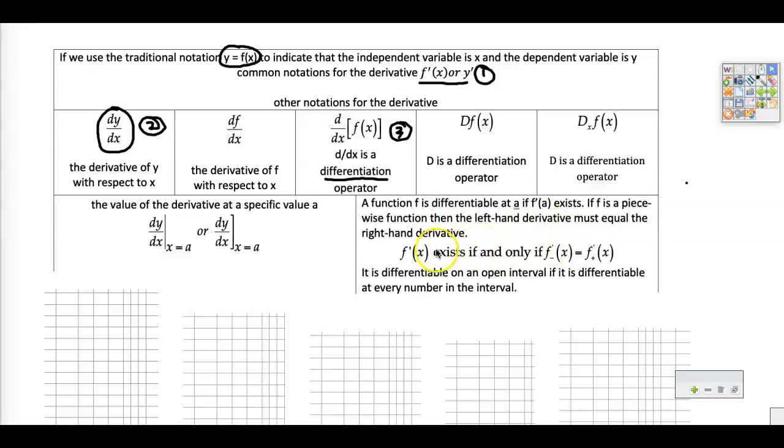And again, f prime of x exists if and only if the left-hand derivative equals the right-hand derivative. Then it's differentiable on an open interval if it is differentiable at every number in that interval. So that means that for any value of a, that limit notation will exist.